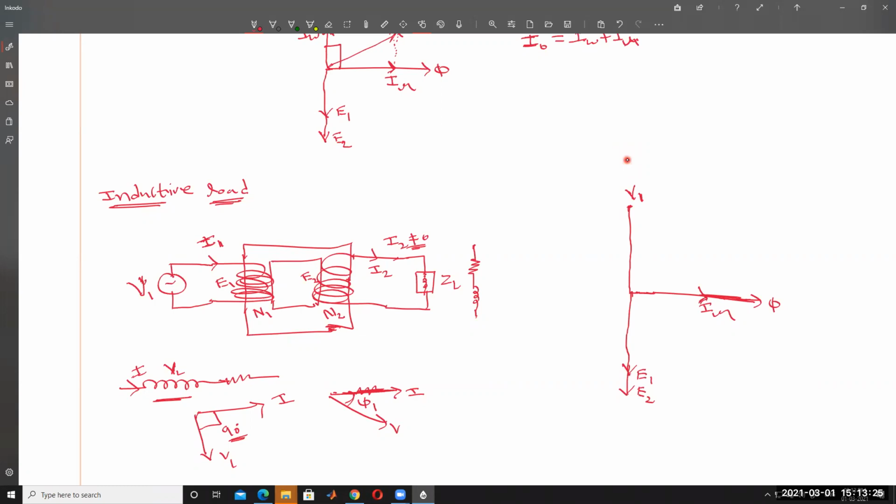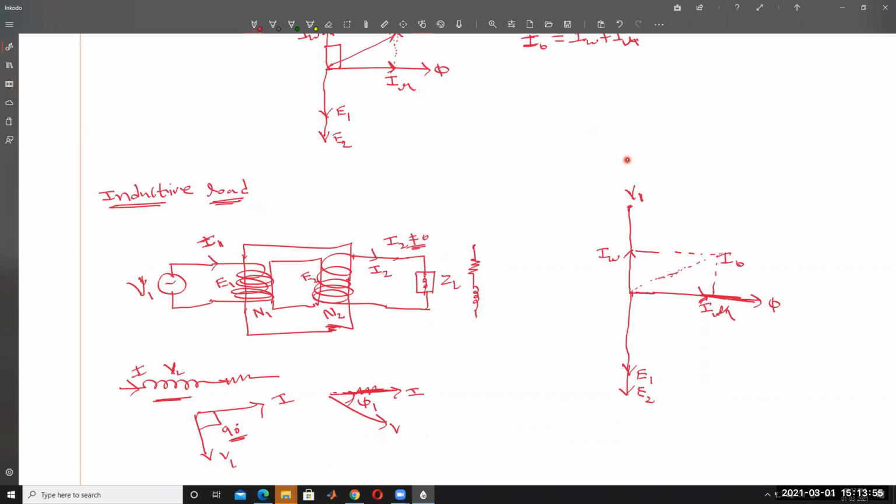Understood. So this is the magnetizing current I mu, and you know well the wattful component of current IW. The phasor addition of these two is the resultant, called the no load current I naught.